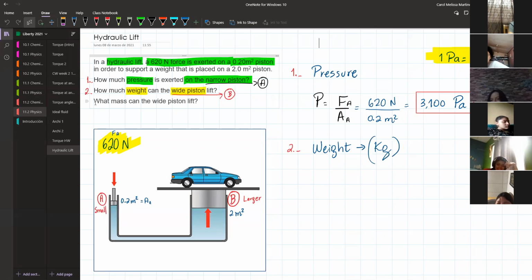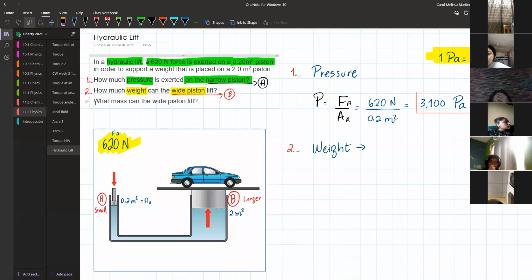Volume? No, because we measure volume in liters, cubic meters, milliliters. In what units do we measure the weight? Pressure? No. In Pascal? This is the first time that we see pressure. We haven't used unit pressures before, okay?